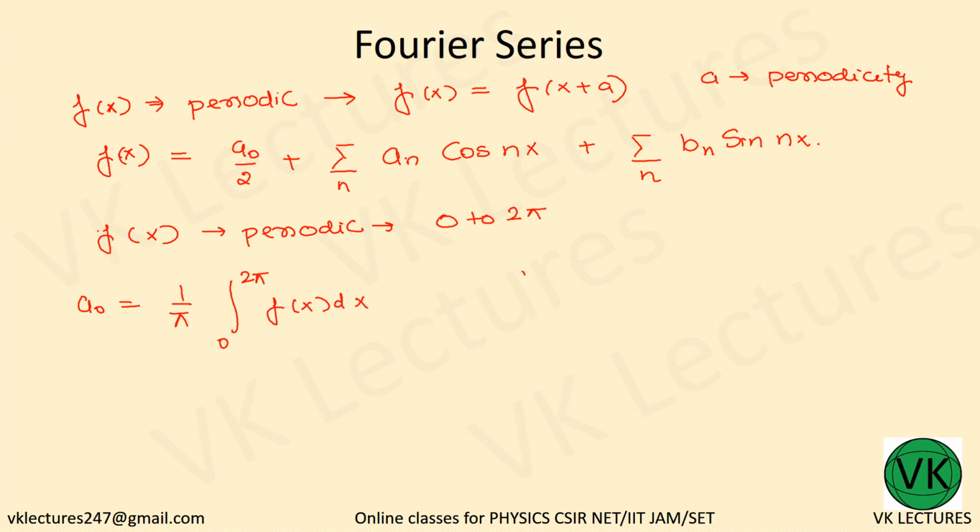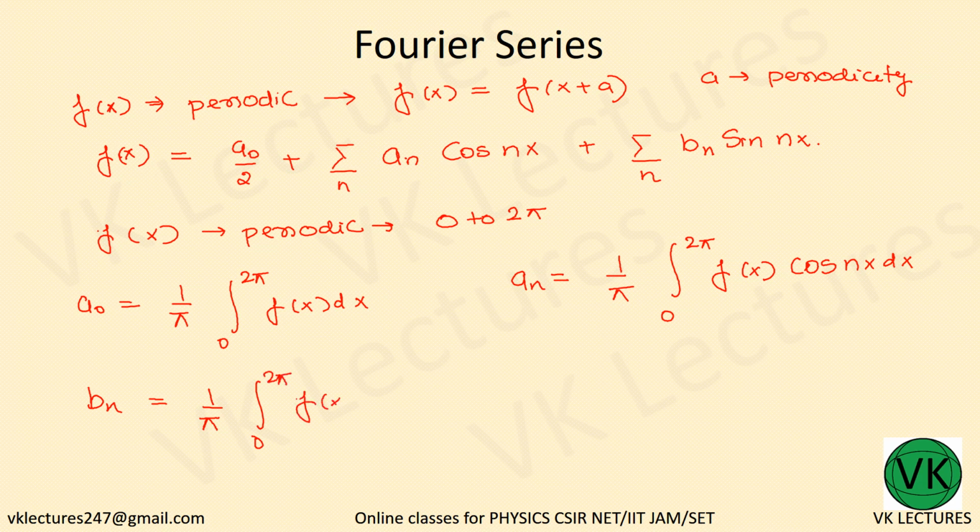An value is equal to 1 by pi integral from 0 to 2 pi f of x into cos nx dx, and bn is equal to 1 by pi integral from 0 to 2 pi f of x into sin nx dx.